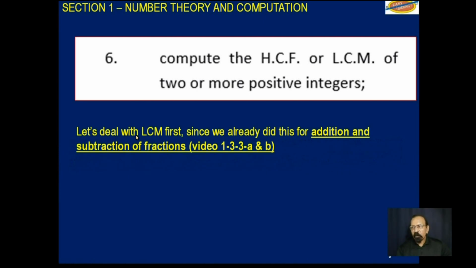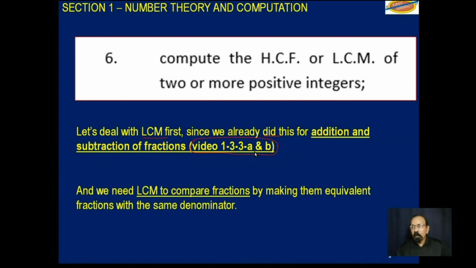So let's deal with the LCM first, since we already did this for addition and subtraction of fractions in videos 1.3.3a and b, 2 videos. And we need LCM to compare fractions by making them equivalent fractions with the same denominator. So we have 2 uses of LCM. As a matter of fact, that addition and subtraction is basically the same use of equivalent fractions.